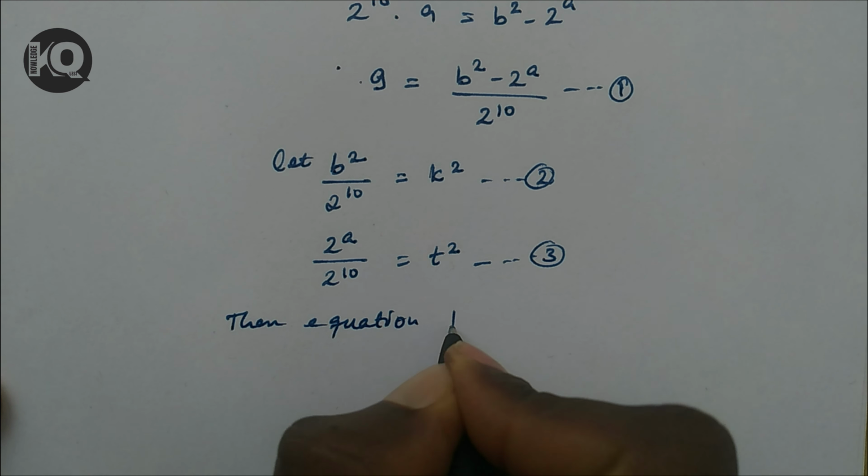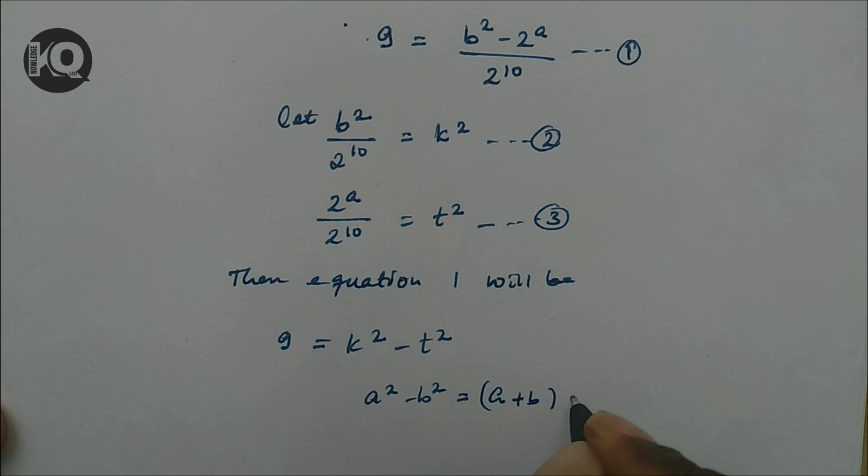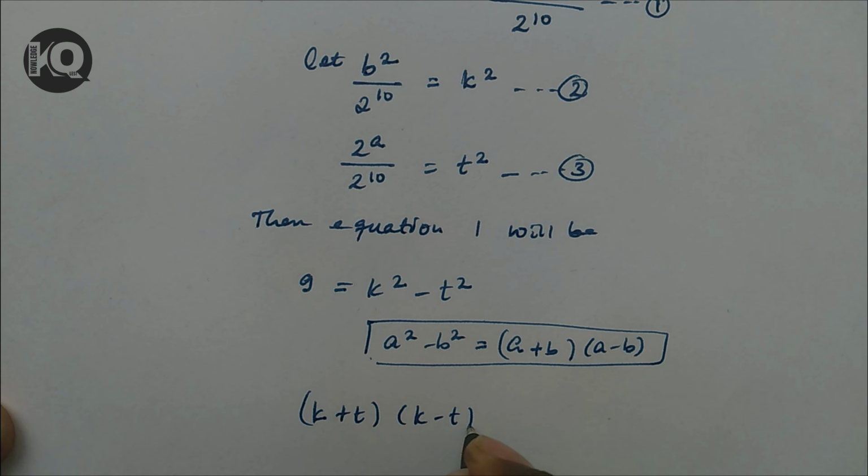So from difference of squares we know that a square minus b square is equal to a plus b times a minus b. So applying this for this term, it will be k plus t times k minus t is equal to 9.